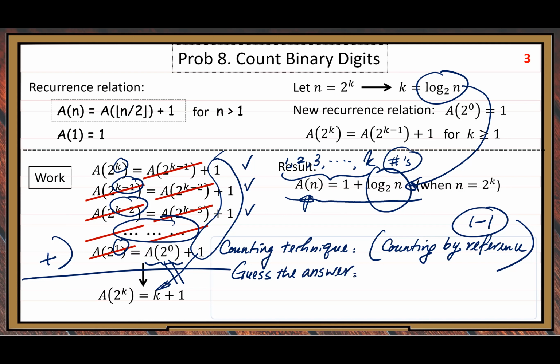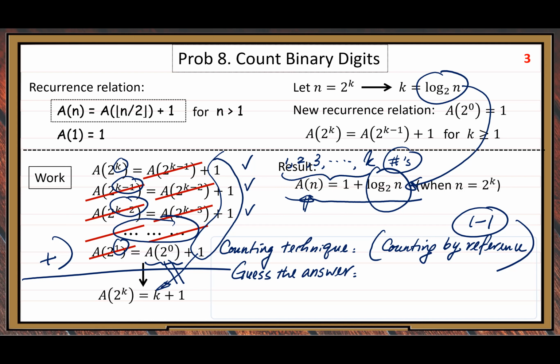Let's do this step. Because remember, we have a guess and verify strategy from before. If you can make a good guess, then later we can verify if our guess is correct or not. So the next step, we would like to apply that guess and verify strategy. All right, so let's make a guess.